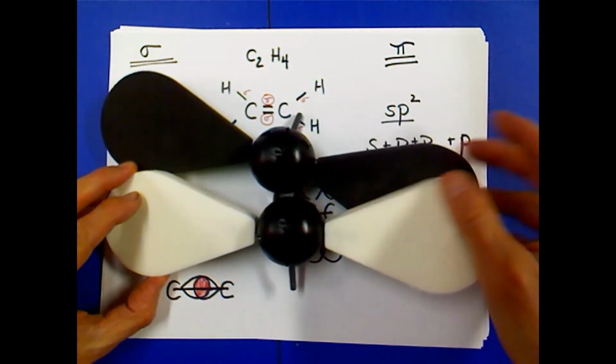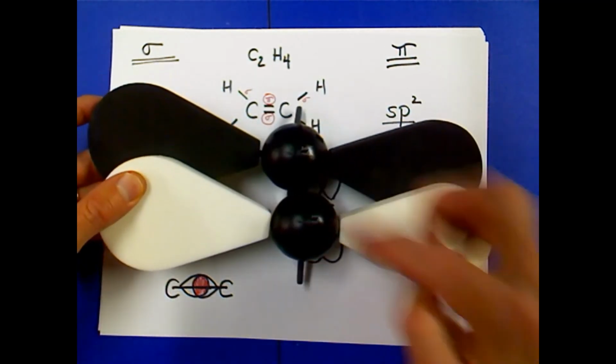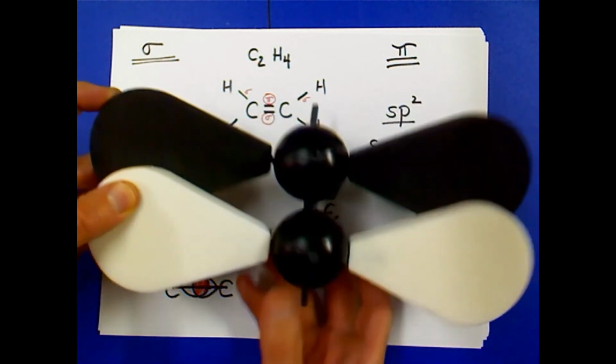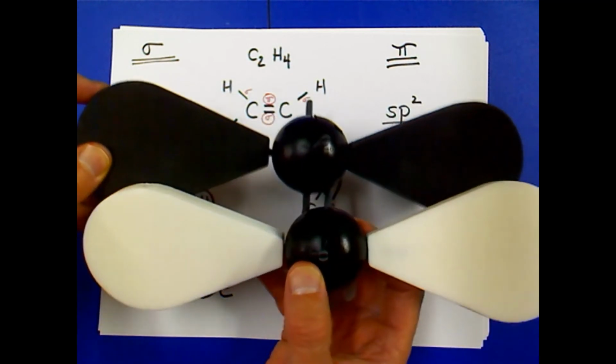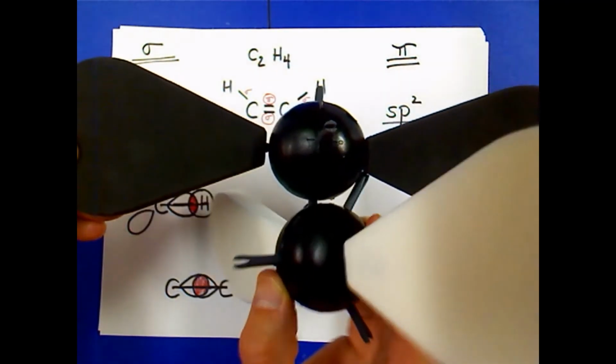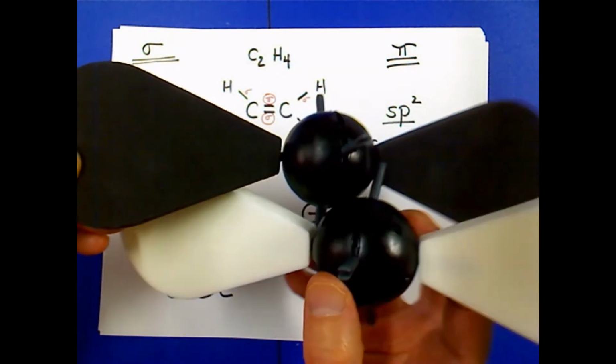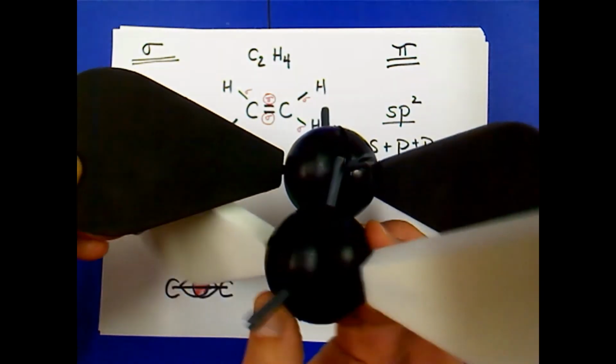So we've got the overlap above and below the carbon-carbon connection. And now, though, if I rotate one relative to the other, the overlap disappears. It snaps. The bond, the overlap, is broken.